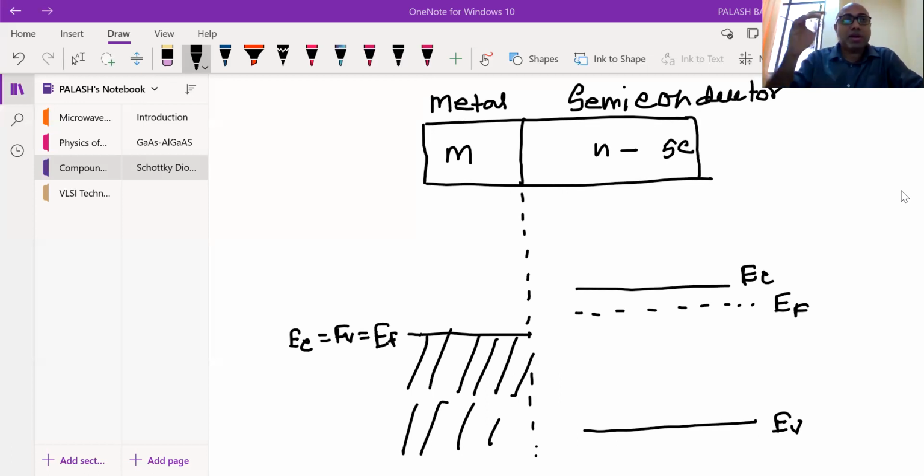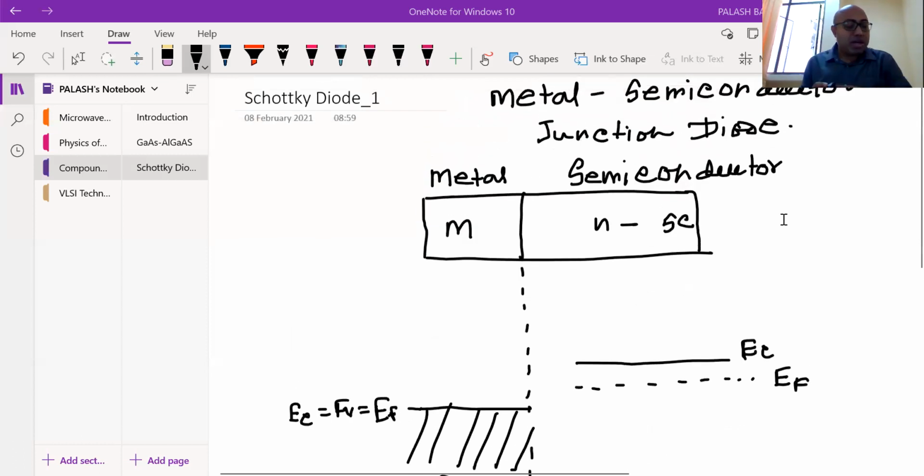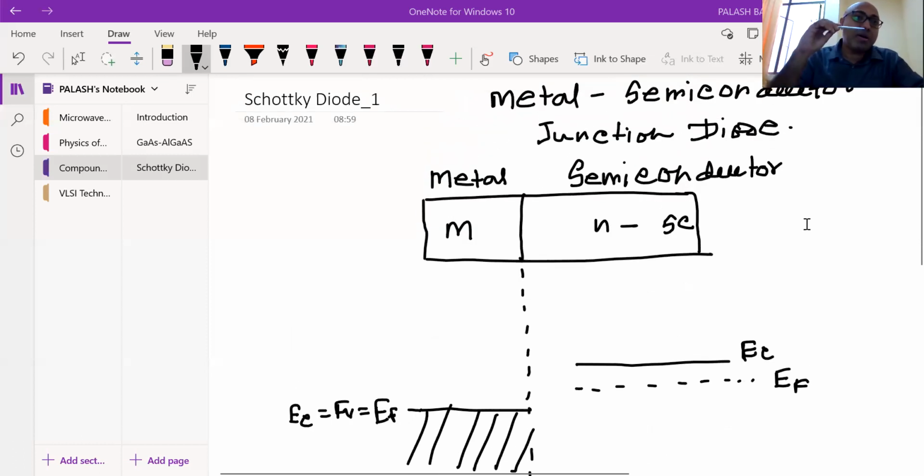Suppose you have a particular metal, like this pen made of metal. This pen has a lot of free electrons. What is the minimum amount of energy required to take one electron out of the metal's influence? The moment you take one electron out, it acts as a free electron.